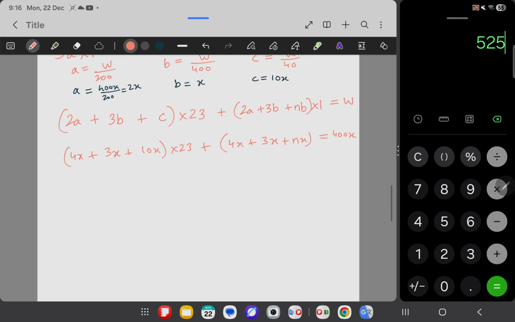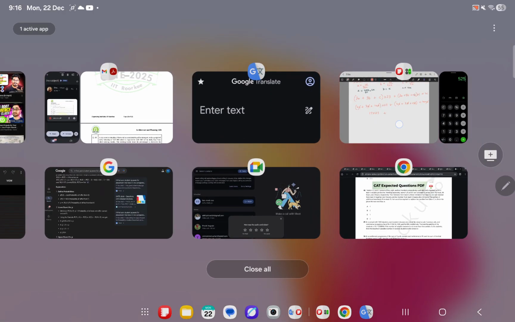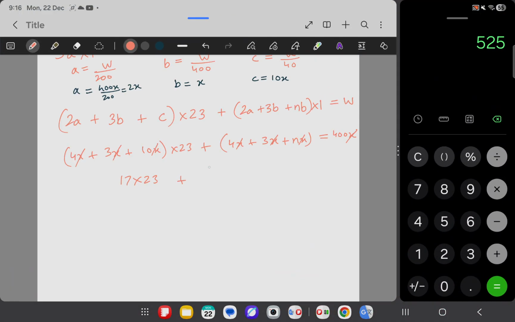If you cancel this x from here, you will get 4 plus 3, 7, plus 10, 17 into 23, plus 7 plus n equals 400.